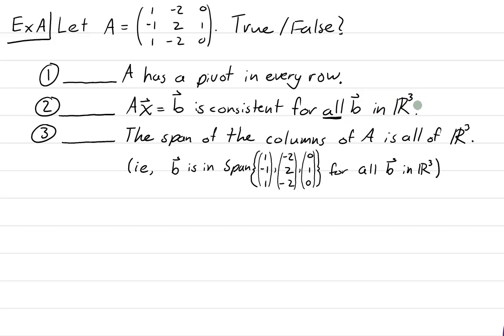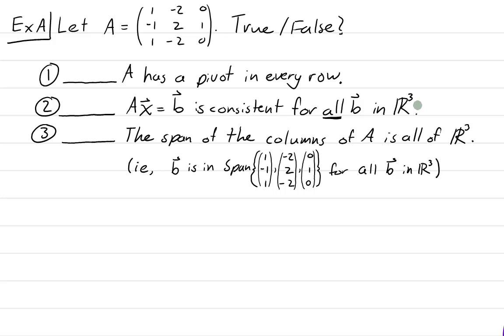So we're really talking about an infinite number of equations because there's an infinite number of R3 vectors you could pick. We want to know if every single one of those infinite number of vector equations is consistent. And looking at statement 3, we want to know if the span of the columns of A is all of R3.